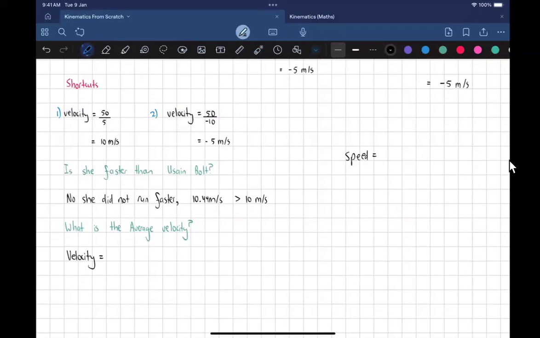It wouldn't say meters, right? Kilometers, we measure distance, and hour is our measure of time, right? So we have kilometers per hour, which means distance over time.